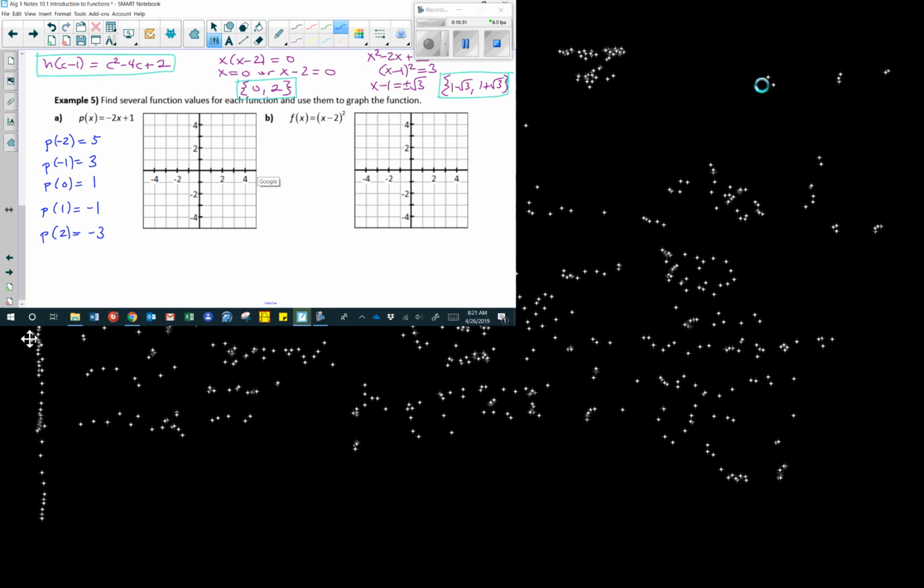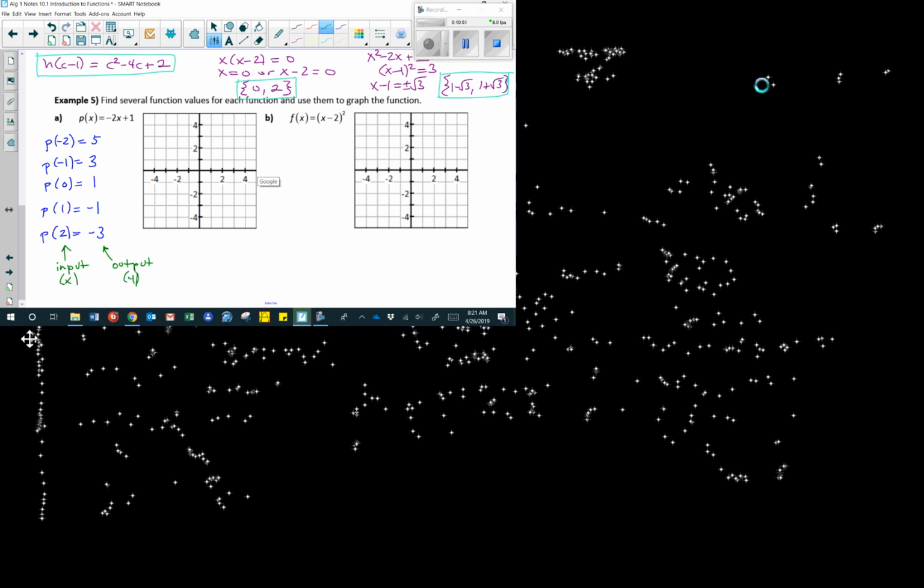This functions like a table of values, where all of the values that are replacing x are our input values, or x values, and all the values on the other side of the equal sign are the output, or the y values.